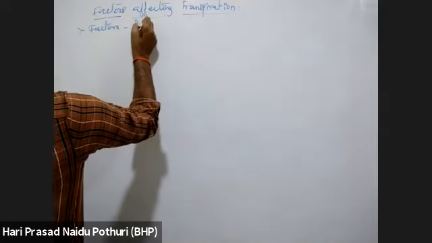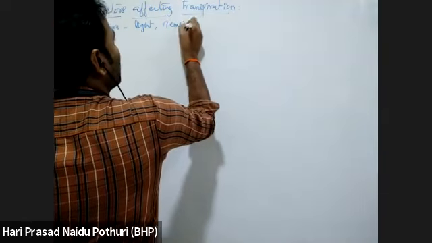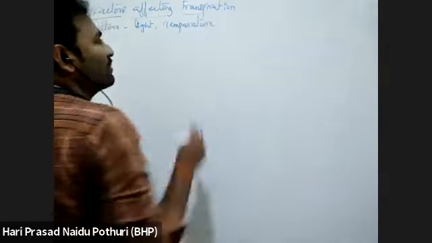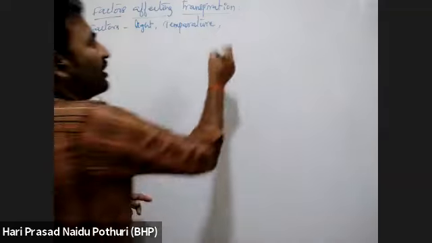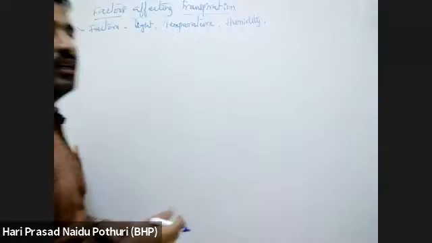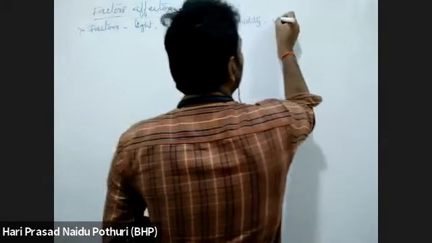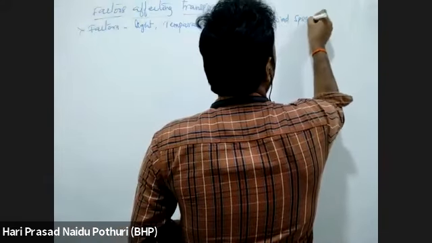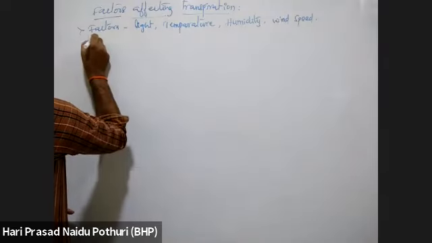See here, transpiration is affected by many factors, like temperature and light. In the presence and absence of light, I told you, temperature being more means transpiration is also increased. Then humidity in the atmosphere, meaning availability of water or vapor content. Wind speed, the air speed blowing in the atmosphere.